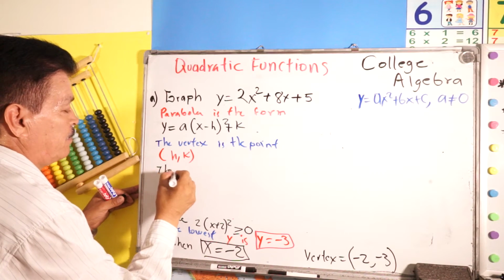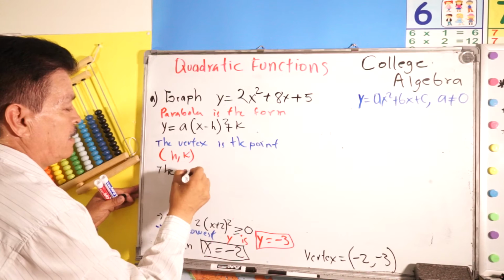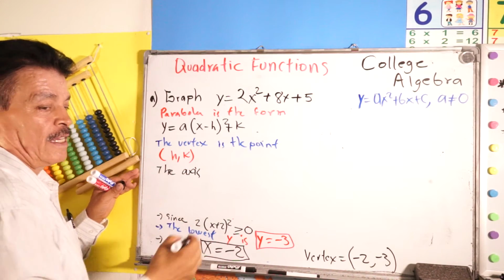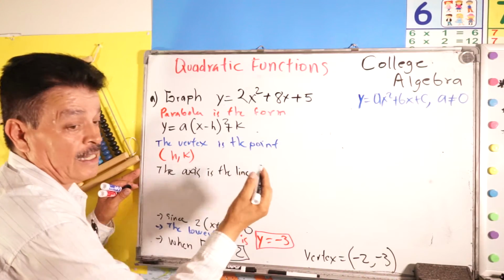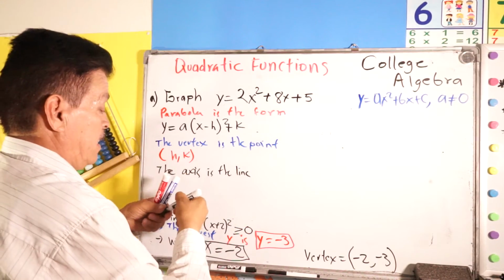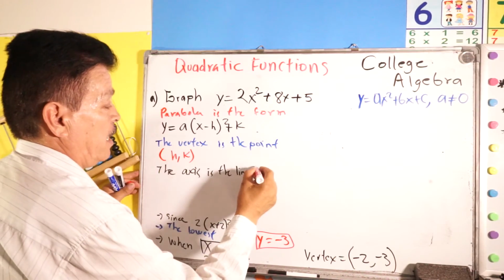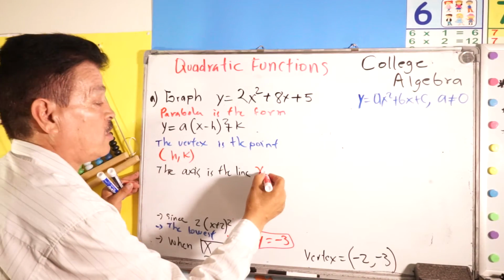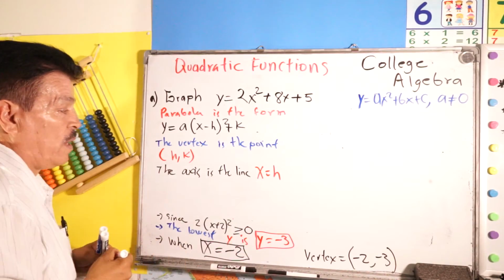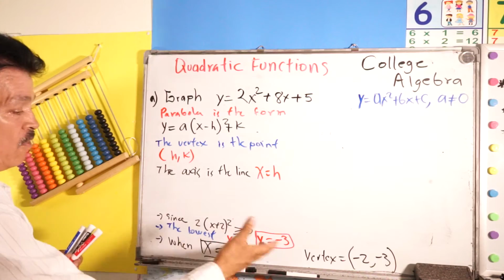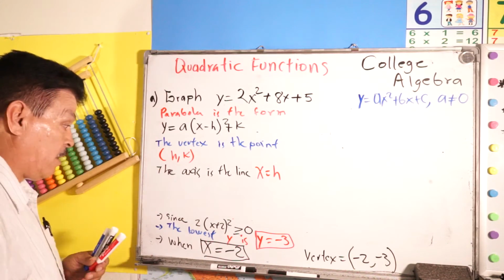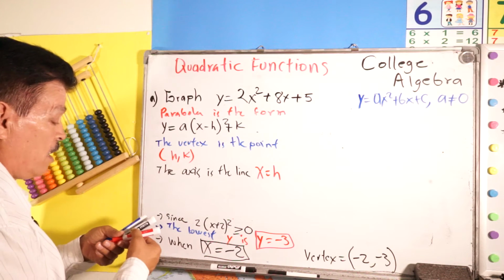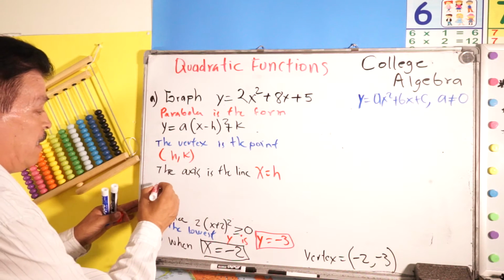The axis is another thing. The axis is the line x equals h. By the information that we collected after finishing the process that I did before, let me write here the vertex.